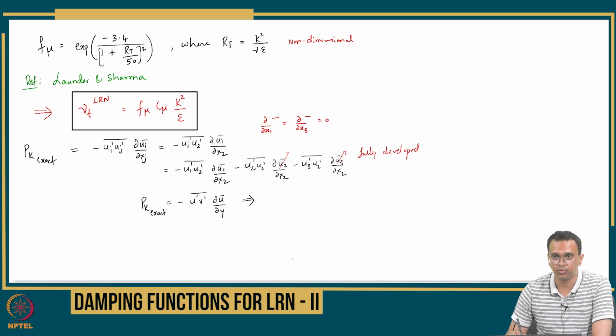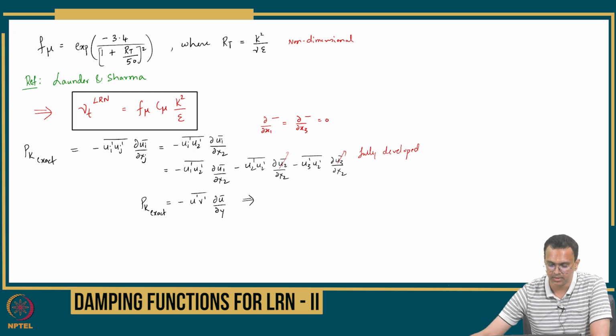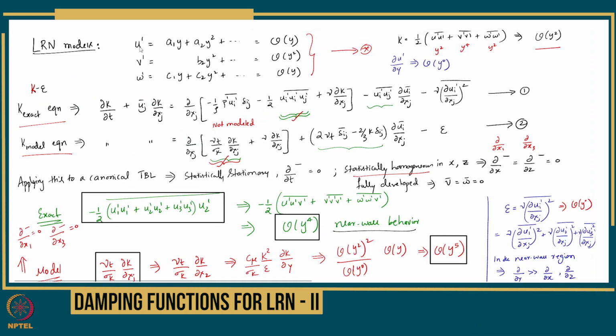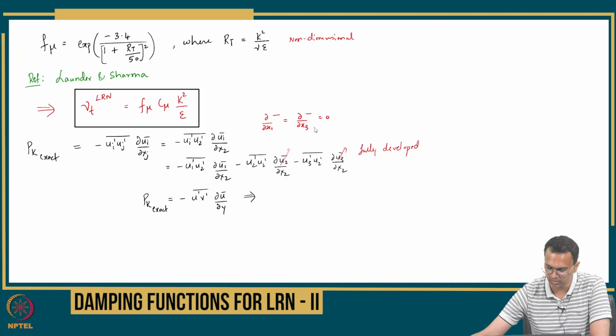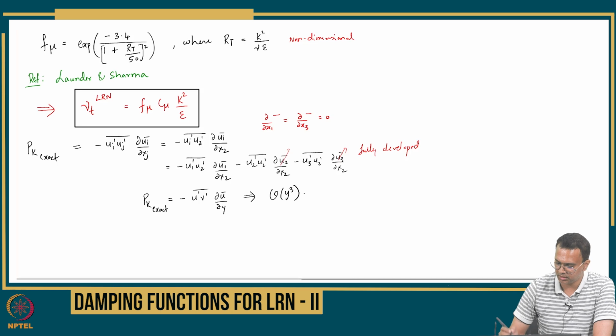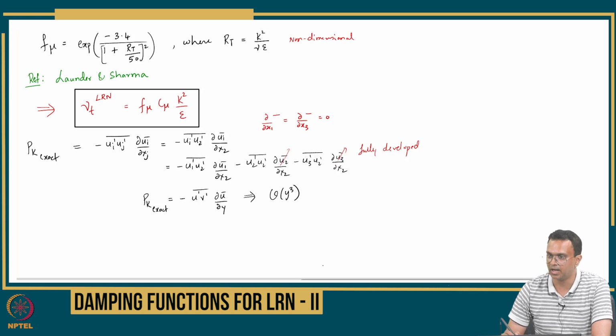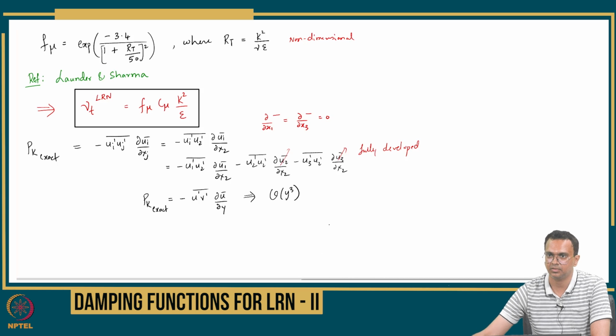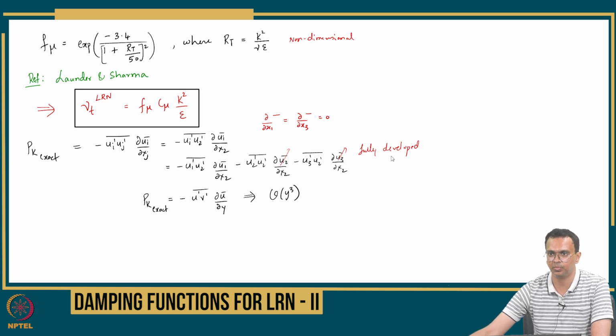What is u prime? Let's go back and see, u prime has y behavior, v prime has y square behavior. So this will give me y cube behavior for u prime v prime average dou u bar by dou y. U bar, or u instantaneous, or u prime will have the same y behavior as u prime.